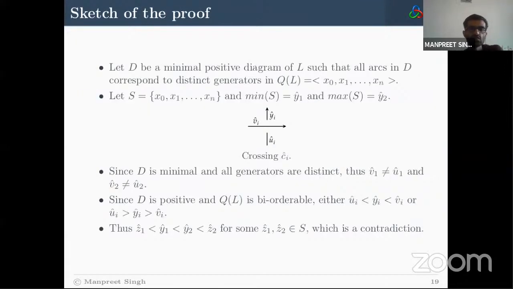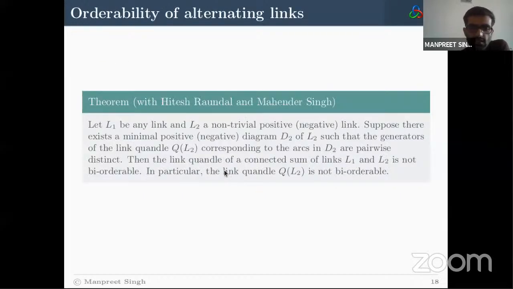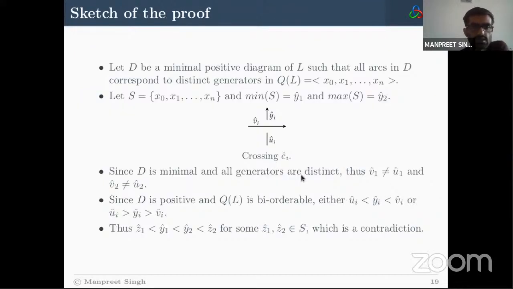So here is a brief sketch of the proof. I will prove the last part, and the other part is an extension of it. I will prove that the link quandle QL of L is not bi-orderable. So let D be a minimal positive diagram of link L such that all the arcs in D correspond to distinct generators. So we have a presentation of the quandle QL.